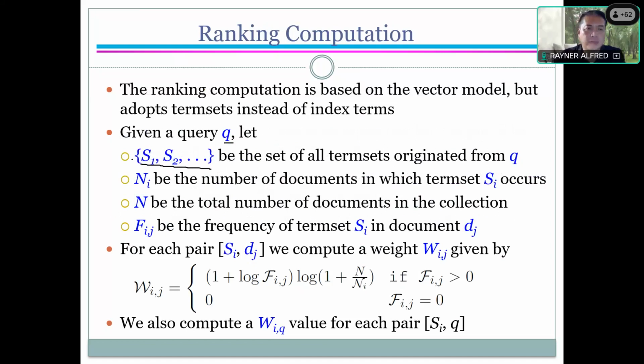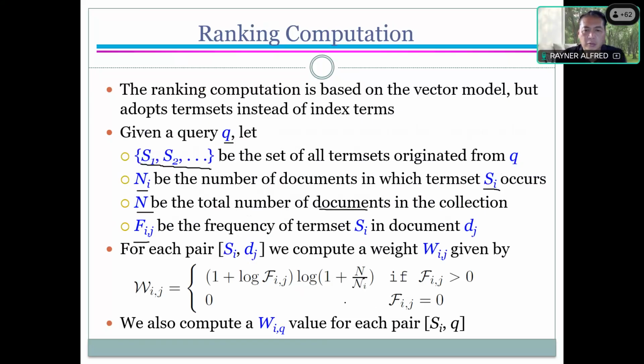And then we have this as the number of documents which contain the term set I, and then N will be the total number of the overall collection, and then F will be the frequent term set. Okay, so instead of looking at the frequent index, we are looking at the frequent term set.